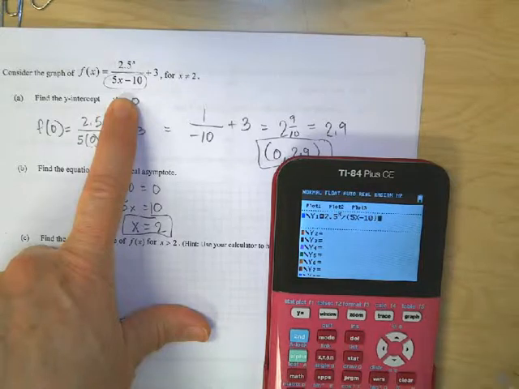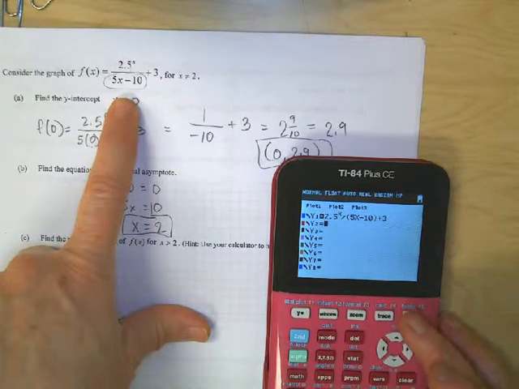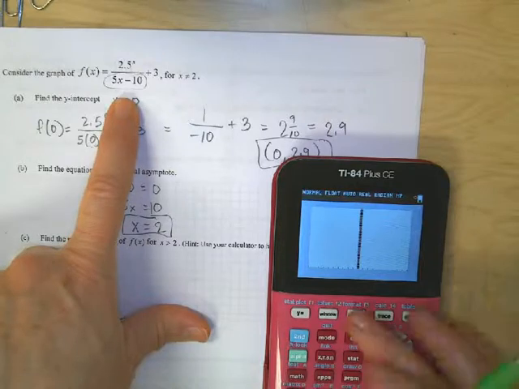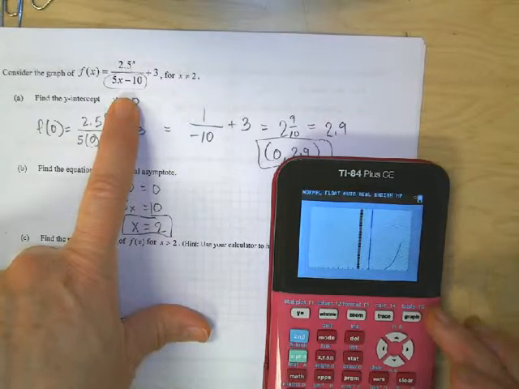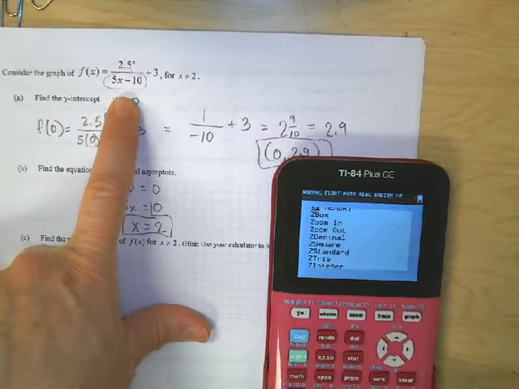Then I close my parentheses, and then plus 3. And I'm going to go ahead and graph that. And whoa, my window looks weird. So let's do a zoom 0 and see what happens.